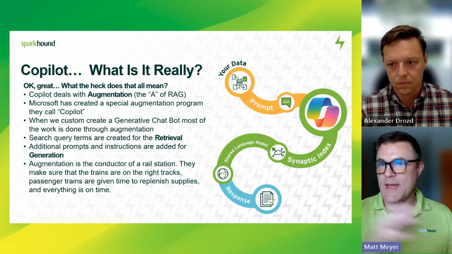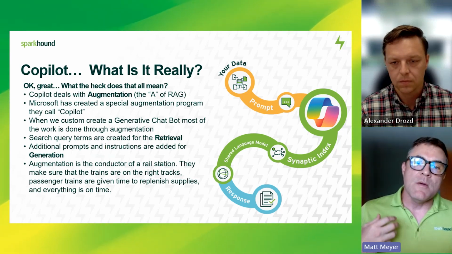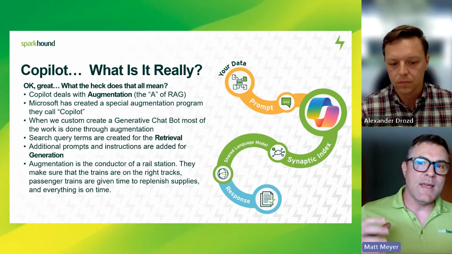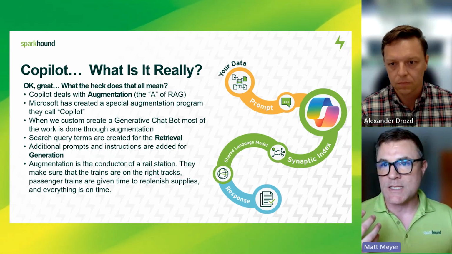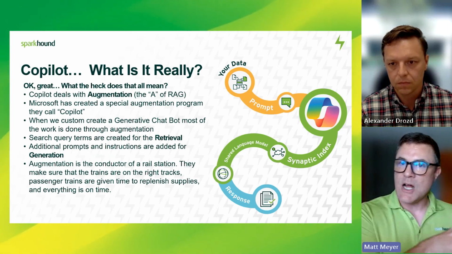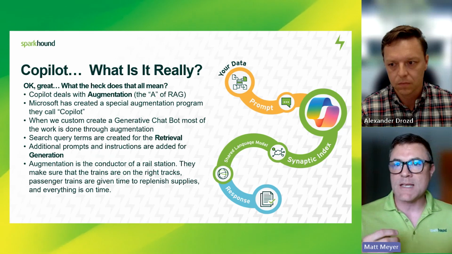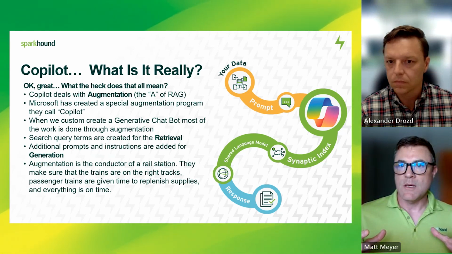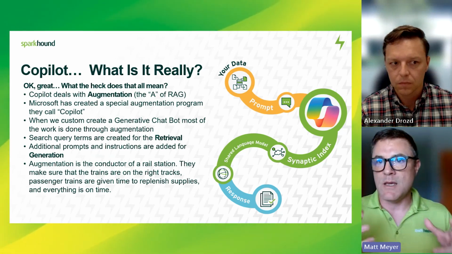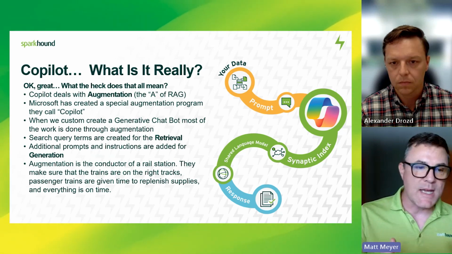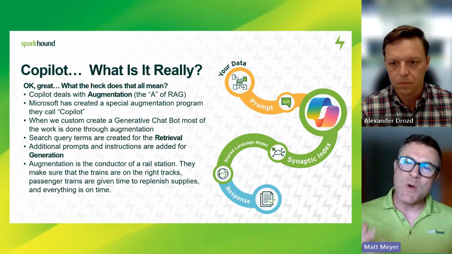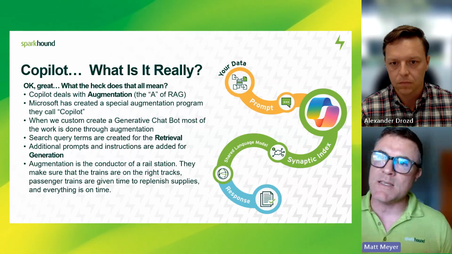Copilot for this, Copilot for that. What it essentially does is take the information that you're asking it, send it off to the search, it comes back from the index, and then it messes with it. That messing with it, accepting something from the LLM, and double checking data, all that stuff, that's what Copilot gives you.